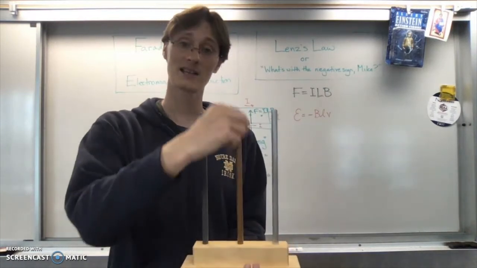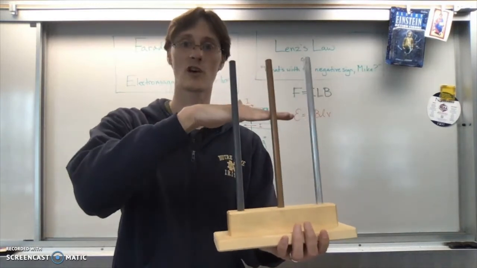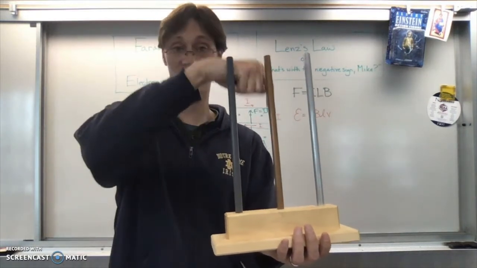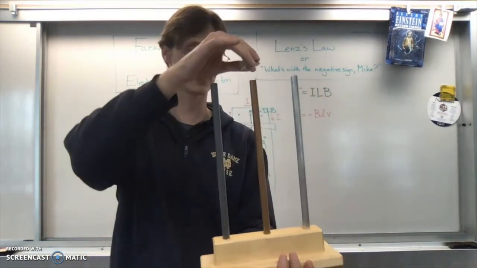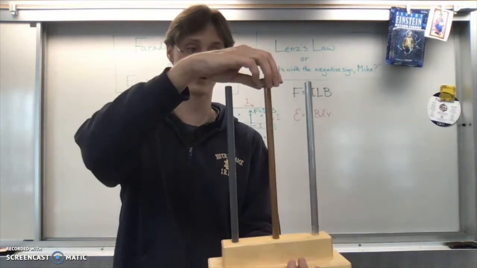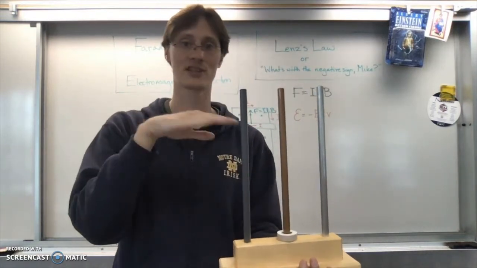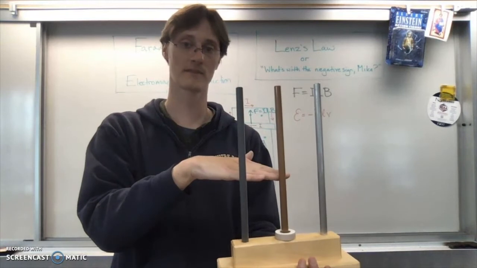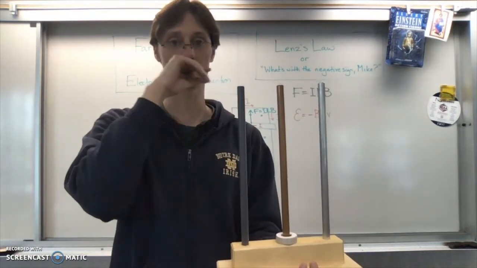All right, as this is falling, what's happening to a particular cross-section of it is the flux through that section is increasing as this thing approaches that particular cross-section, right? So as the magnet falls, the flux through every section below it is increasing. It's also true that the flux through every segment above it is decreasing, okay?